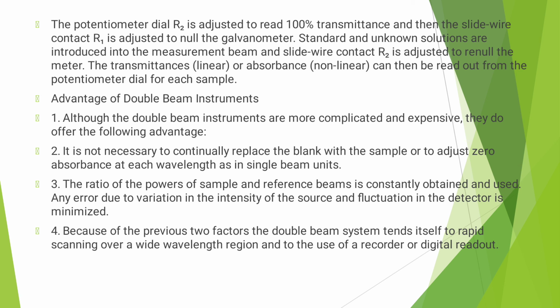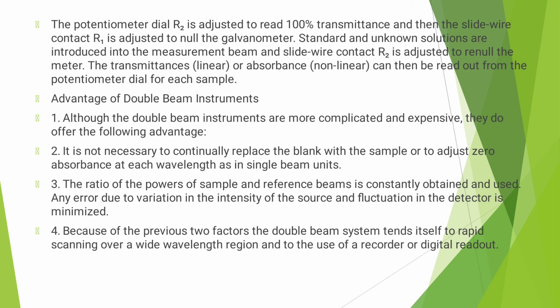The ratio of the powers of the sample and reference beam is continuously obtained and used. So any error due to variation in the intensity of the source and fluctuation in the detector is minimized.